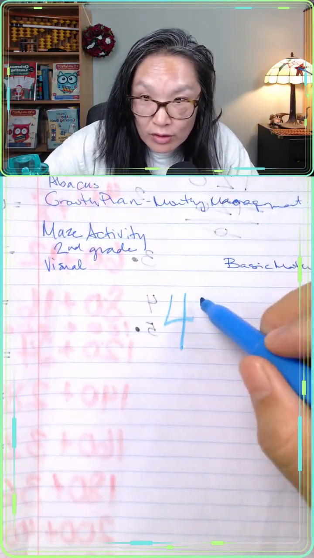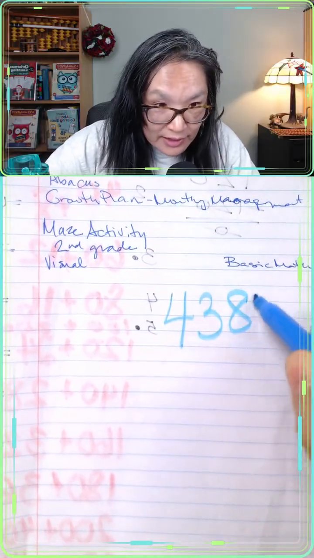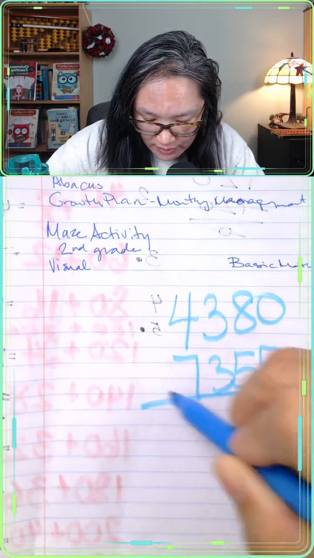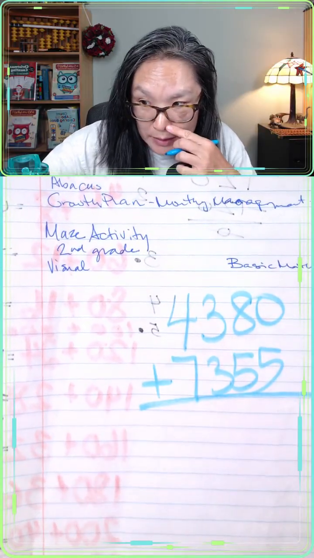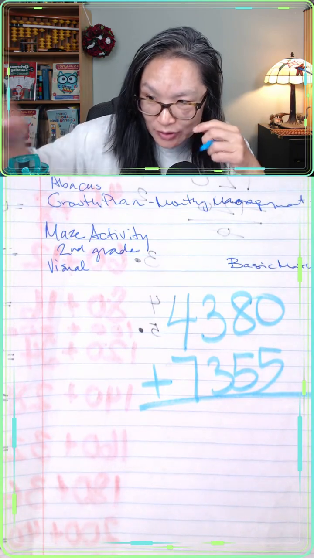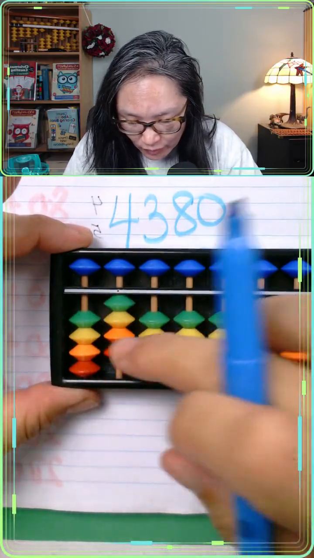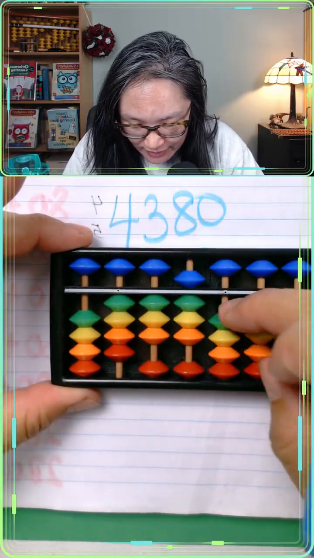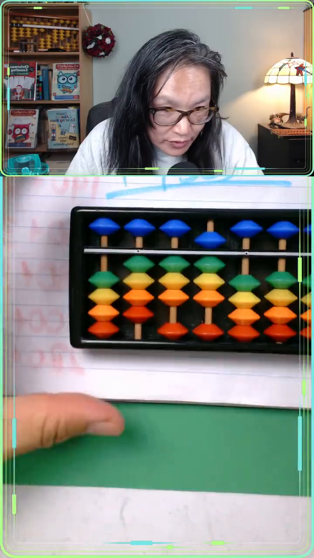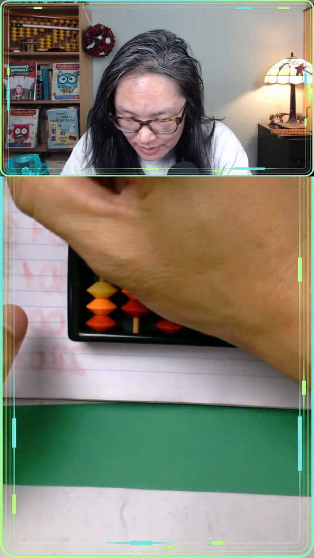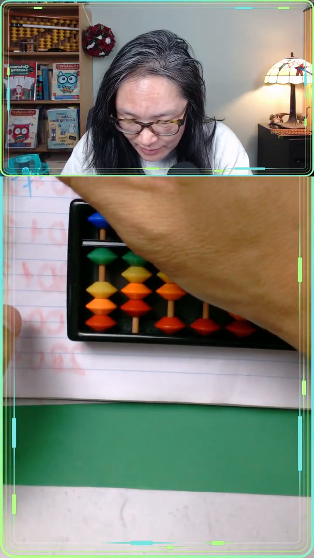We do 4, 3, 8, 0, 7, 3, 5, 5. So we're doing a little bit more advanced because Panda had asked a question. But Panda, do you remember all these things? Let's see. We do 4,000. 4,380, and that's a 0. So what are we going to do first? We're going to do the 7. 7 plus the 10 minus 3.